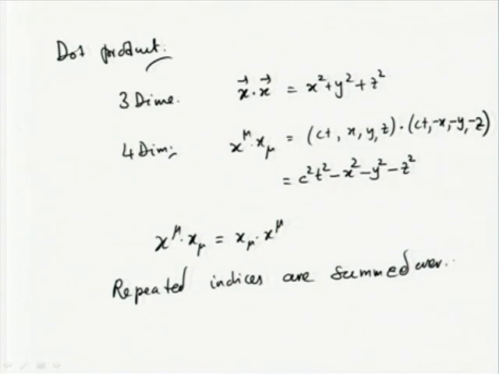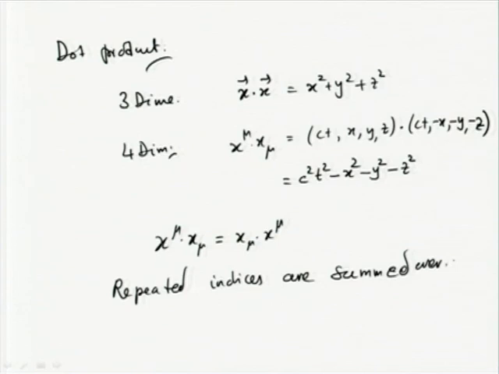Once we have an agreement that whenever there are two indices, one upper index and one lower index, then we will sum over them, this is what we will have in these lectures as well. And whenever we have two indices which we do not want to sum over, we will explicitly make a statement regarding that. So, until I say something like x mu is not summed over, you can assume that if they are repeated in a term, then they are summed over.